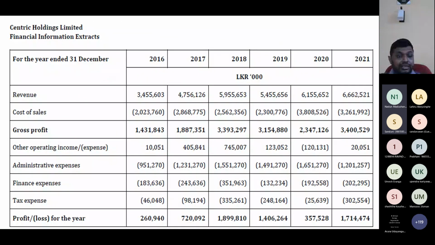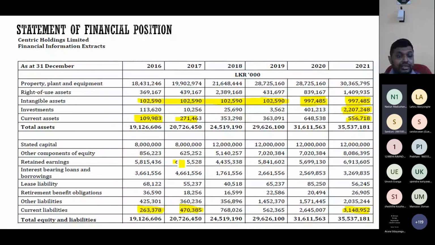If you add 720 million, then this value is tallied. When you check, the balance will tally: 5 billion, 8,223. Add the profitability in 2017.